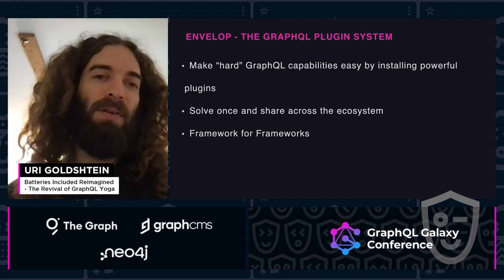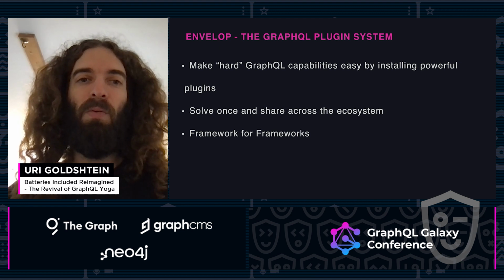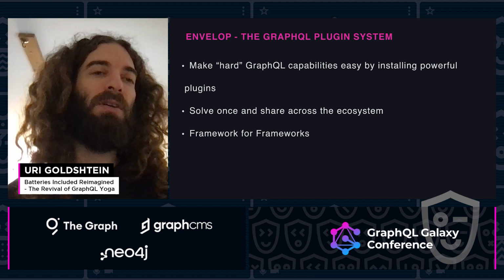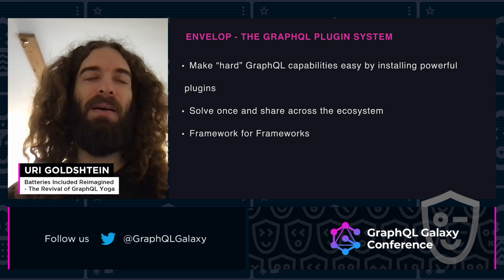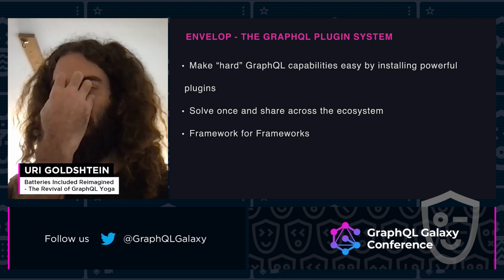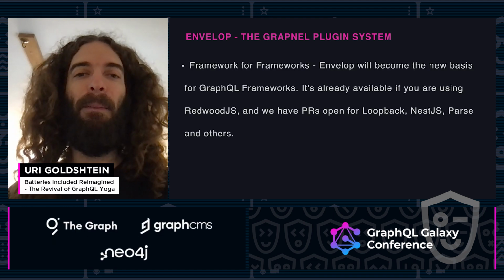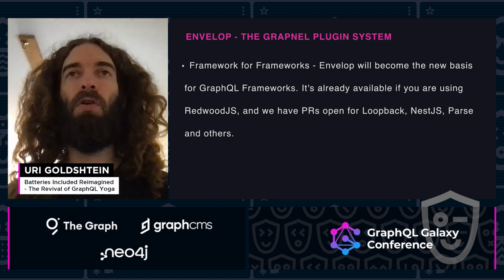The third thing that I think was really cool with Envelop is that it now became a framework for frameworks. You could use it just as is, but it's also a plugin system that is very powerful. So now all kinds of different frameworks could be built on the same core infrastructure.